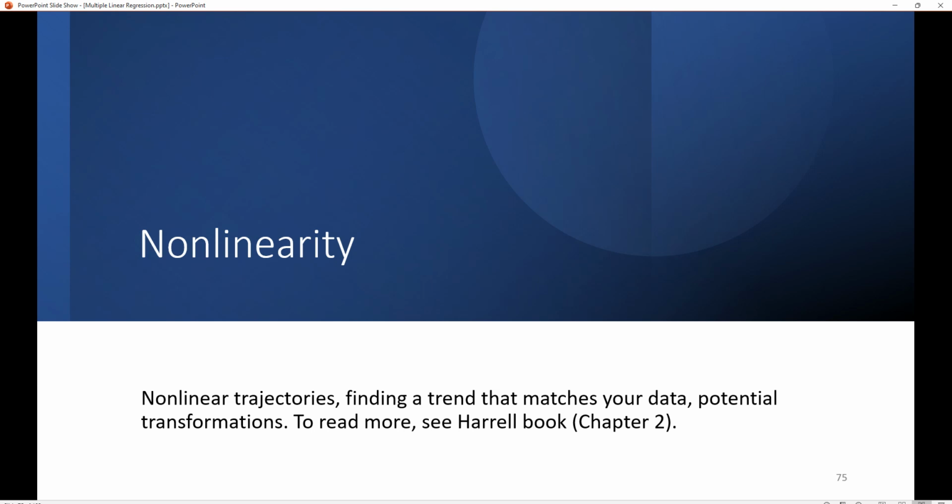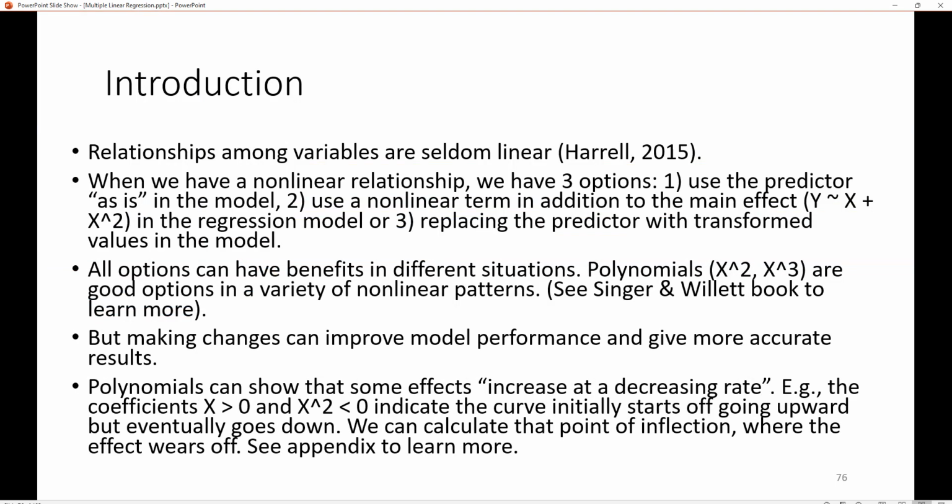So instead, when we don't have that, we can allow our expected values to follow a nonlinear pattern for our predictor. Nonlinear trajectories, finding a trend that matches your data, potential transformations. To read more, see Harrell's book, chapter 2.